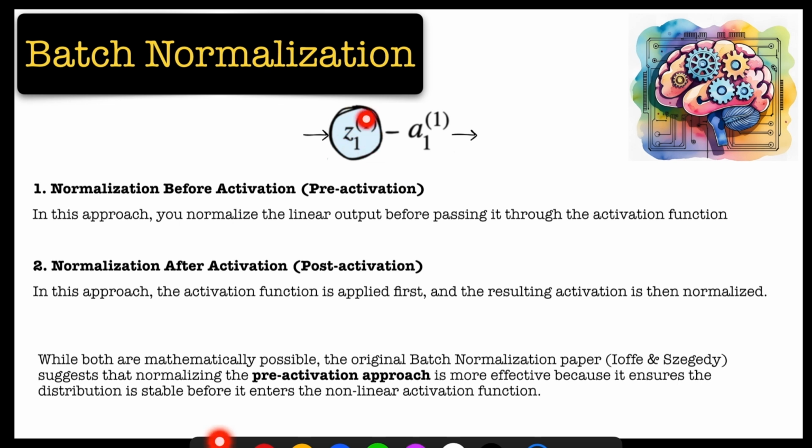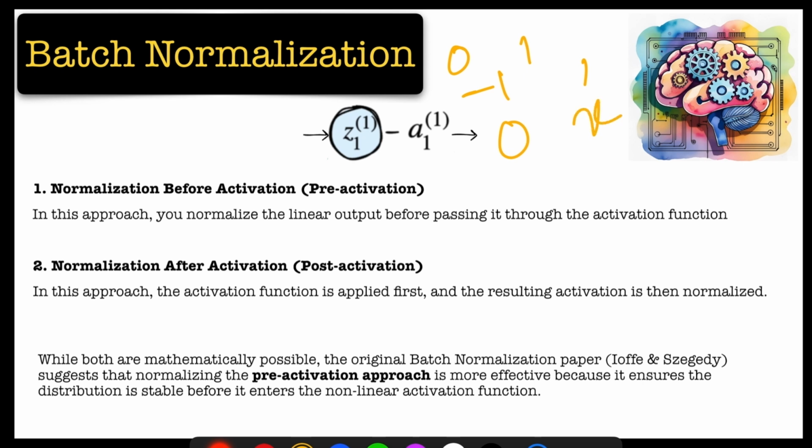So in this Z, we are calculating some linear output, right? So this can be in any range. It can be very high values, low values as well. But in the activation layer, we use either sigmoid, ReLU, tanh, different types of activation functions. Those also squeeze the data between 0 to 1, or minus 1 to 1.